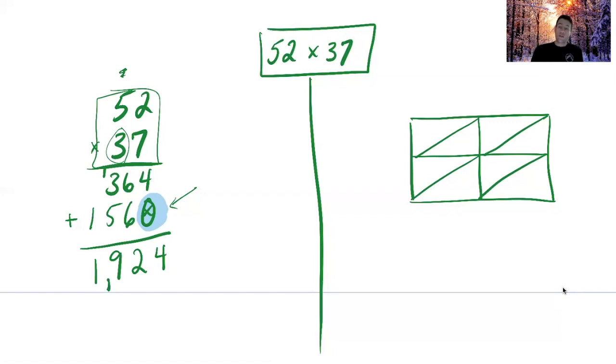Now, over to our lattice. Our lattice, remember, is each digit in each number gets a column or row. It sounds confusing, but eyes up here for this one. 52, each digit a column, and 37.